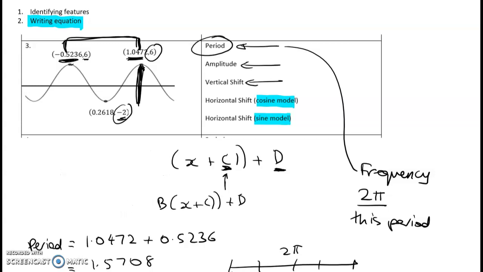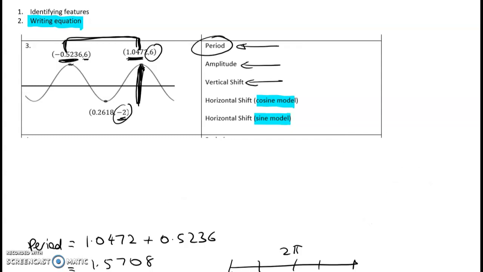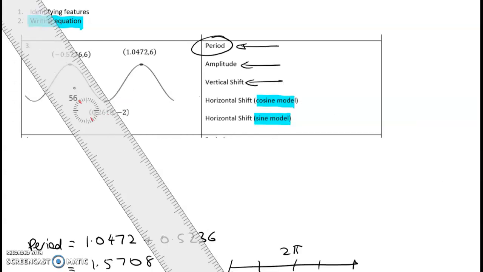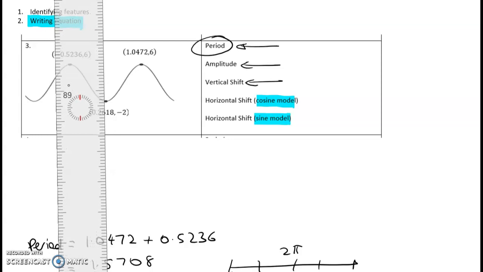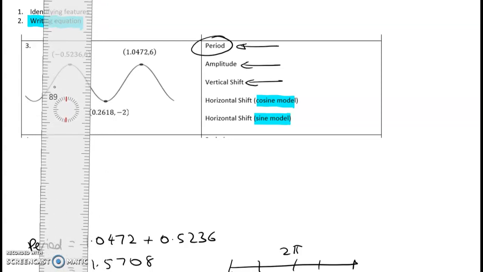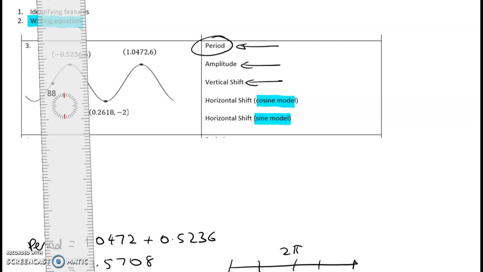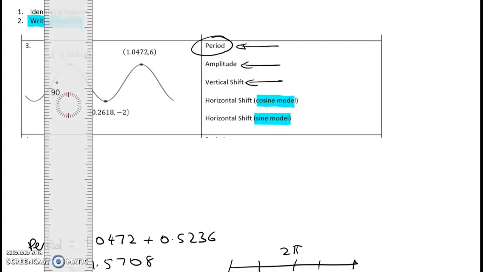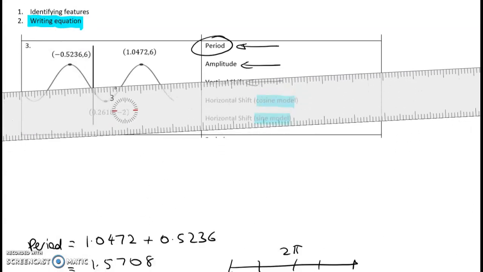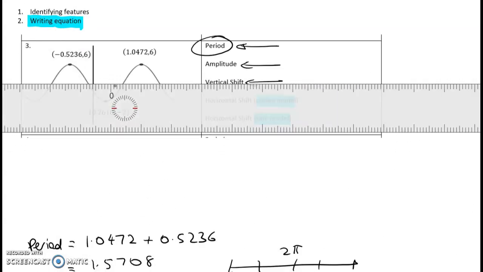The horizontal shift here, if we're modeling it with a cosine model, goes like this. Let's take our ruler, and this time we're going to put our ruler in roughly where x equals 0. You won't have to do this once you get going, but it's not a bad thing to do to start with.